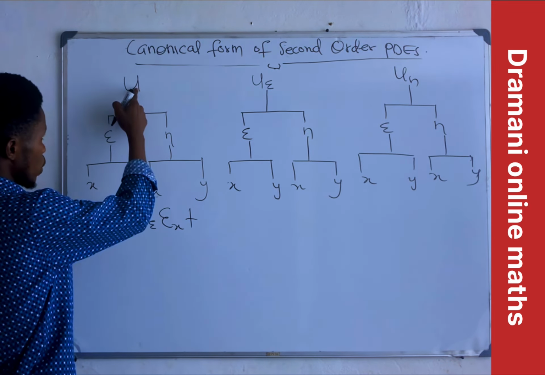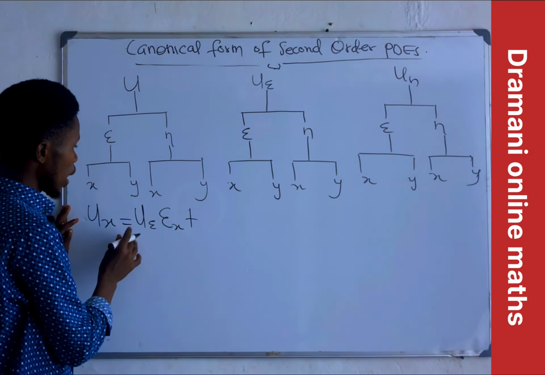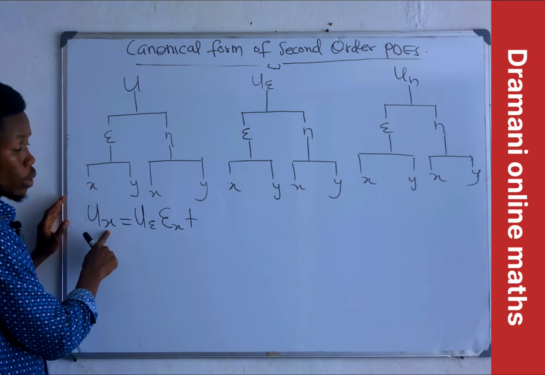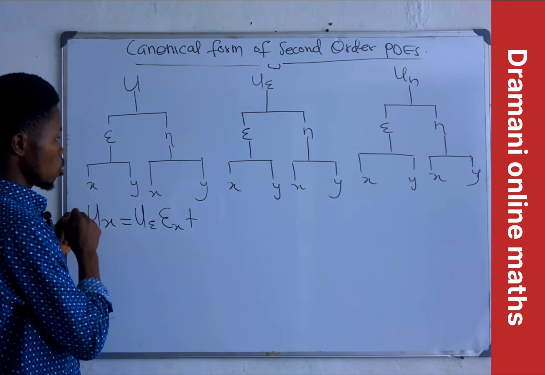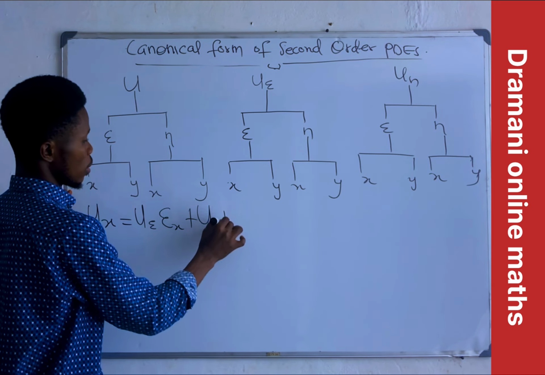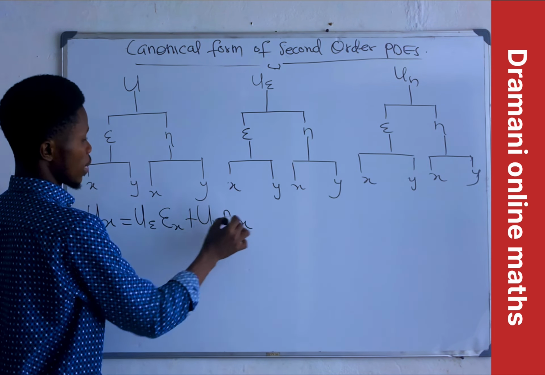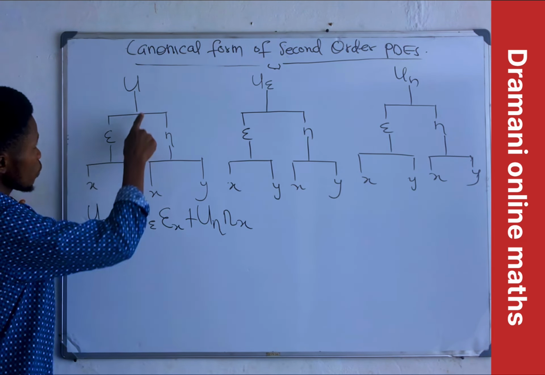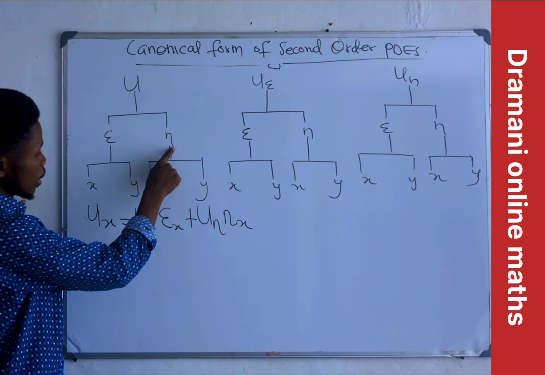Plus, for the same thing, here, this side I went to the x because I'm differentiating with respect to x. That's why I'm not going to the y. So here it will be u_eta. So you see how I go about it. So I'm going to have u_eta, then eta_x.